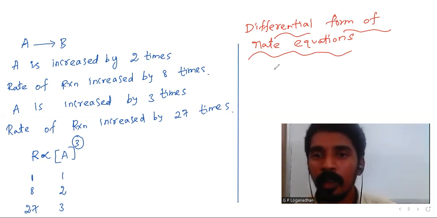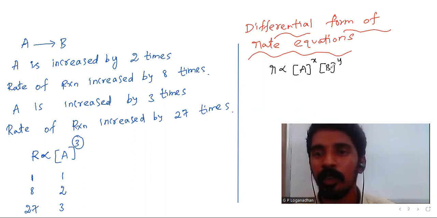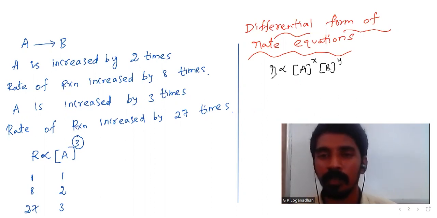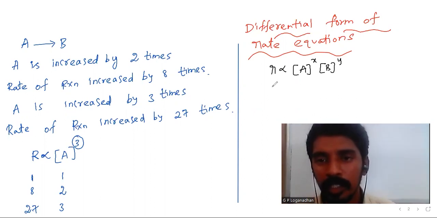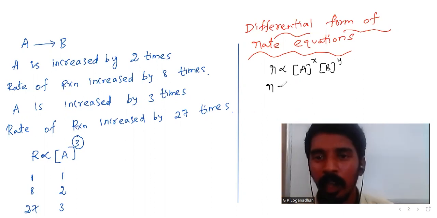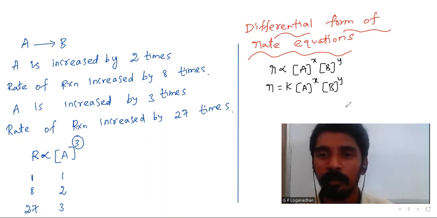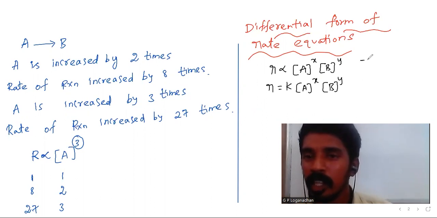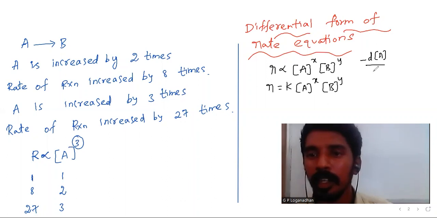The rate equation R is proportional to concentration of A to the power x, concentration of B to the power y, where the values of x and y depend on experimental values. This proportionality constant can be removed by taking R equals K, concentration of A to the power x, concentration of B to the power y, where the rate of the reaction is also written as minus dA by dt.